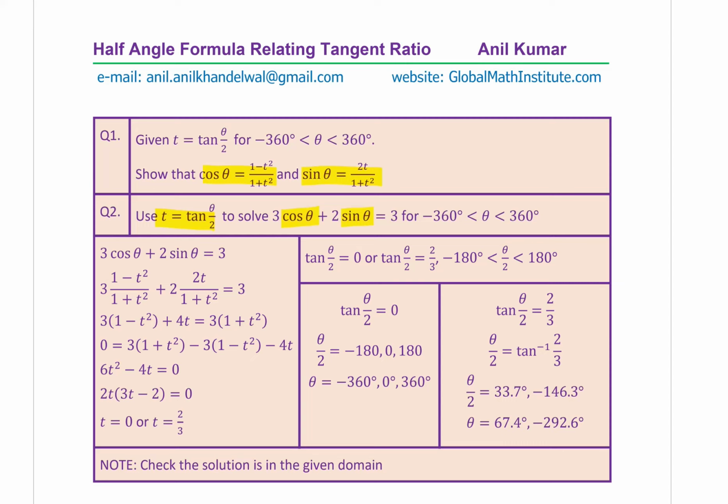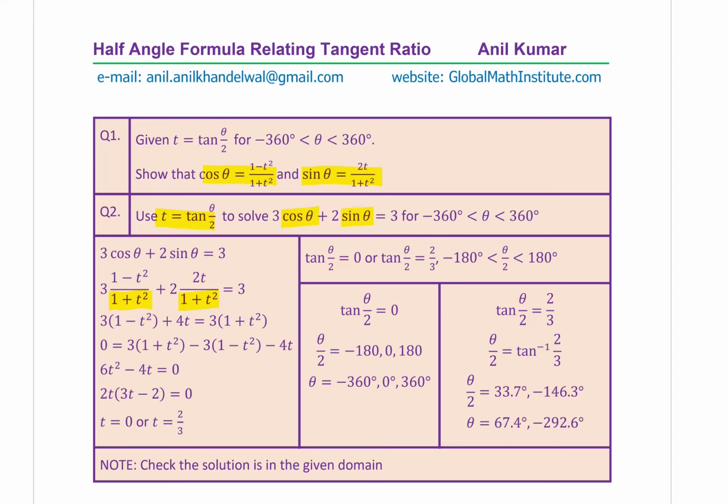We are given this equation: 3 cos theta plus 2 sin theta equals 3. And we just derived that cos theta is 1 minus t square over 1 plus t square. We'll substitute that. Sin theta is 2t over 1 plus t square. We'll substitute that. And now what? Just take the common denominator, multiply that on both sides.